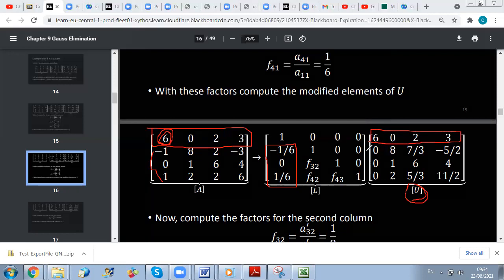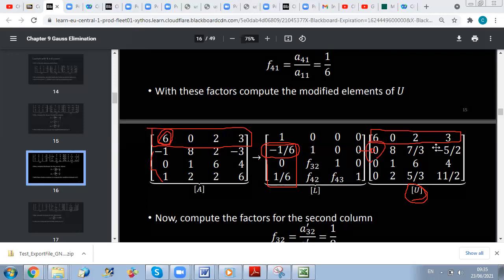Now I will start by updating the coefficients of the second row. Okay, how to find the coefficients of the second row? I use my first factor, which is F21. Okay, F21 is minus 1 over 6. So I can say that now when I perform the forward elimination, this term minus 1 will become 0. I can verify this. How can I verify this?